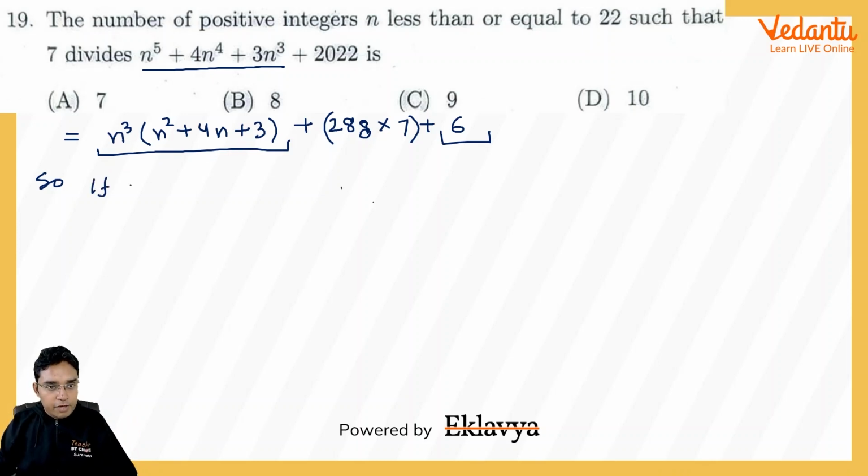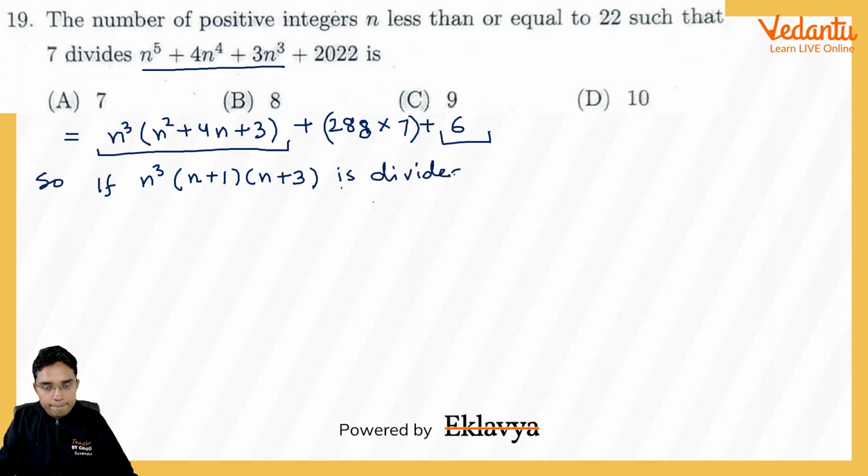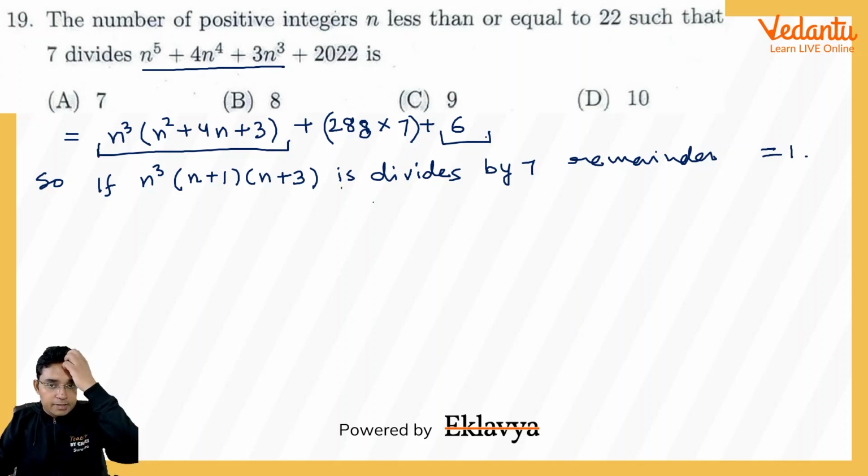So if 7 divides n cube into n plus 1 into n plus 3, remainder should be equal to 1. Then only 1 from here and 6 from here, this sum will be divisible by 7. So that is all about this question.